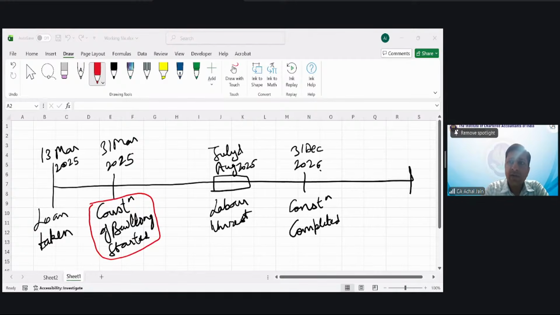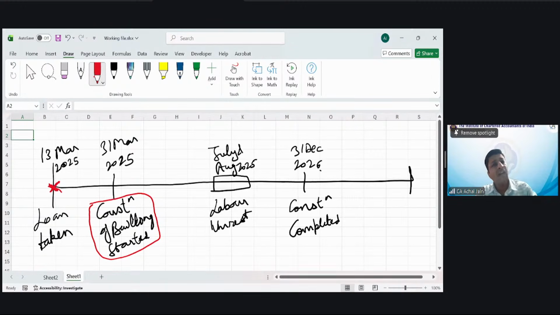That's the objective we are looking at. When is the loan taken? 13th March. So the moment you take the loan, what will happen? Interest will start. So tell me one thing, when do you start capitalizing the interest? Just think about it logically. When should you start capitalizing the interest?